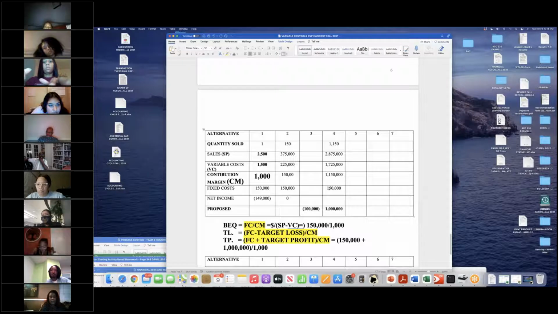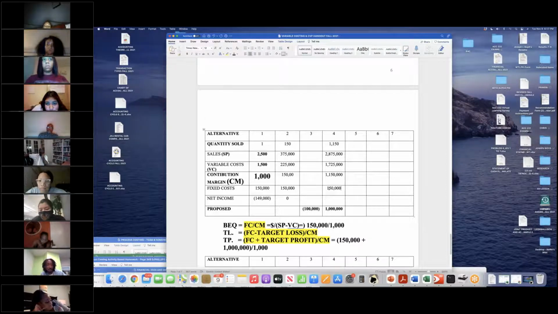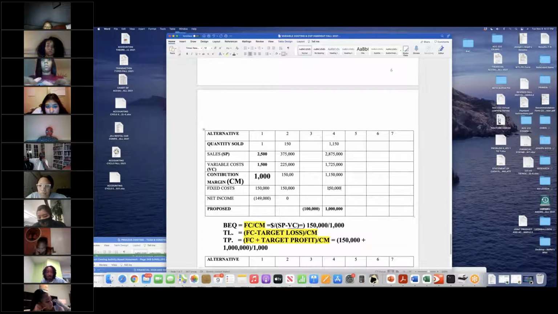So how many do we now have to sell so that our loss is only going to be 100,000? If the first year business loss is going to be 100,000, how many do we have to sell? I got 250.